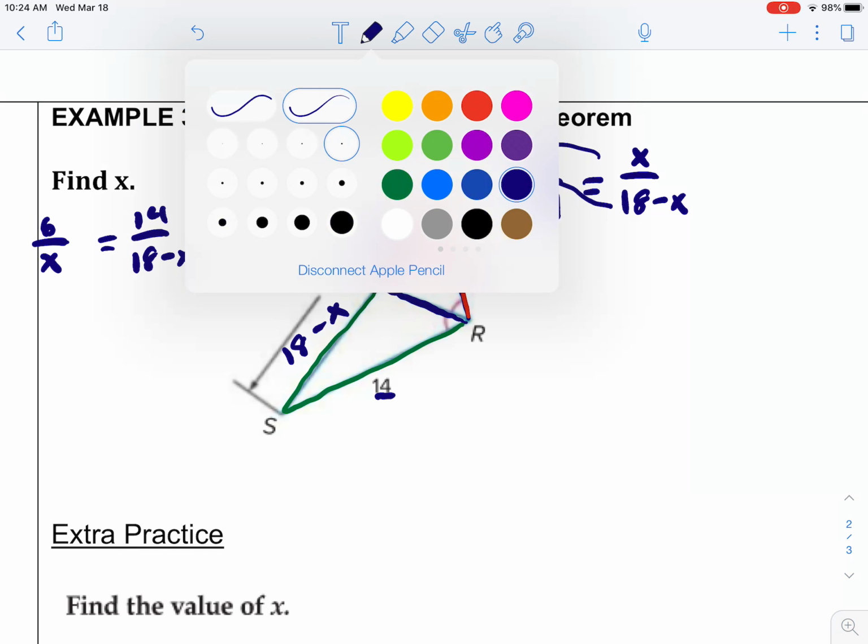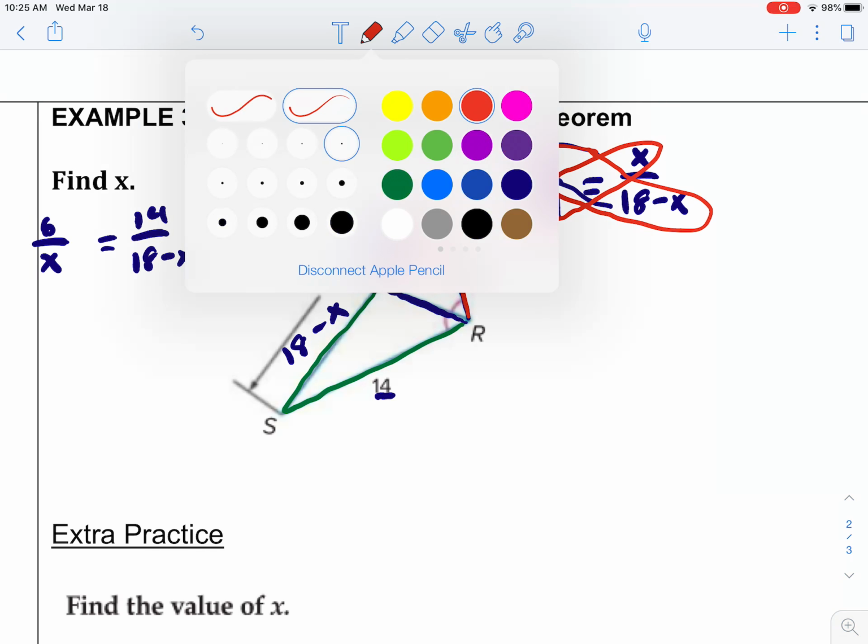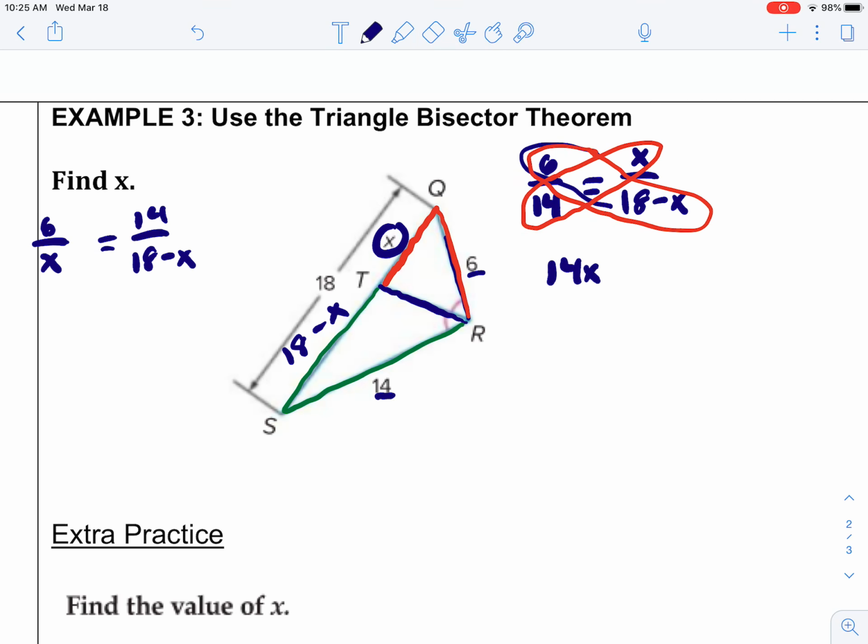All right, so I'm going to go ahead and solve this first one. So again, cross multiply and divide. That's how I like to solve my proportions. So here we've got our 14x is going to be equal to 6 times 18 minus x. So 14x is equal to, use the distributive property here, 108 minus 6x.